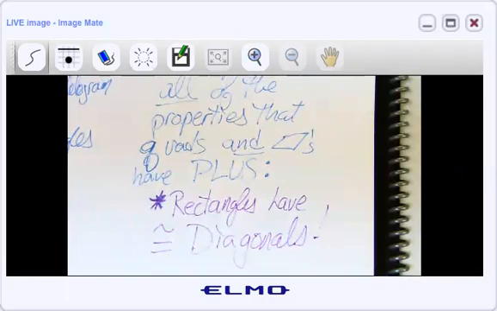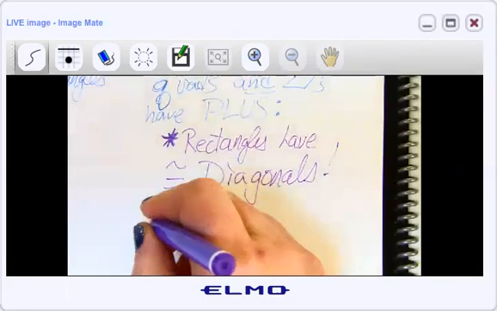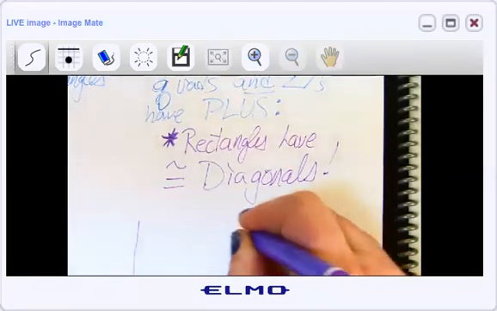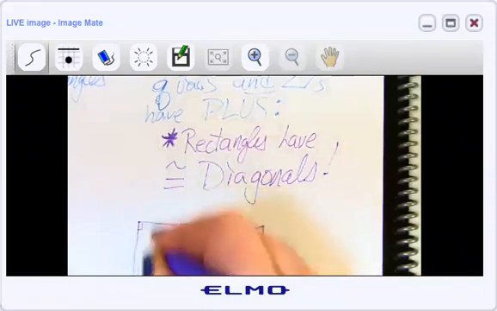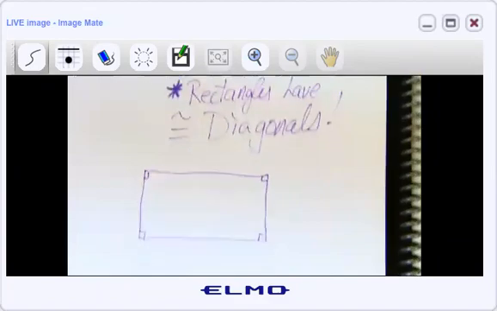So let's draw a picture of it. We have it here in our notes too. All right, so that's the big deal with rectangles. Obviously, they have to have 4 right angles, otherwise it's not a rectangle. All right, so there we go. We have our rectangle.